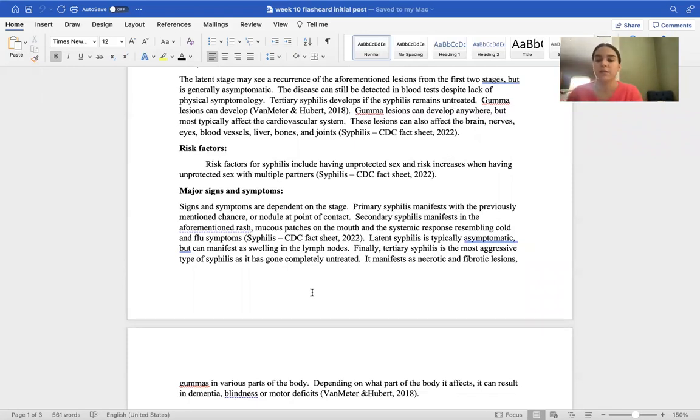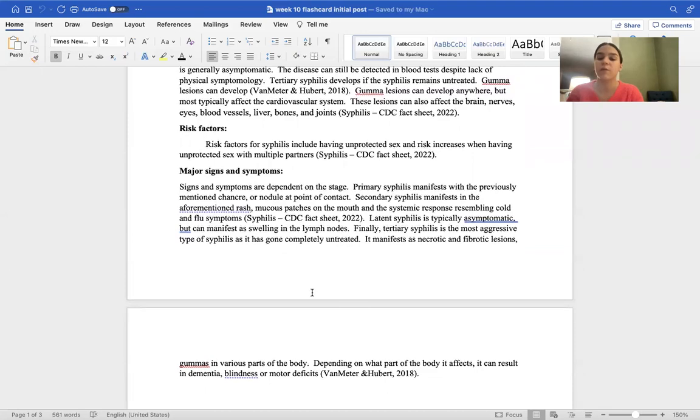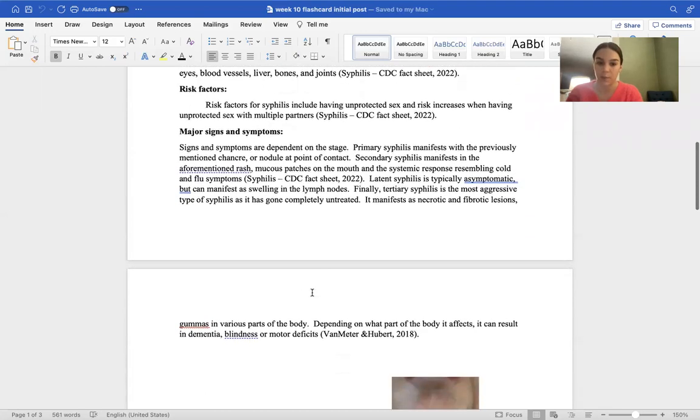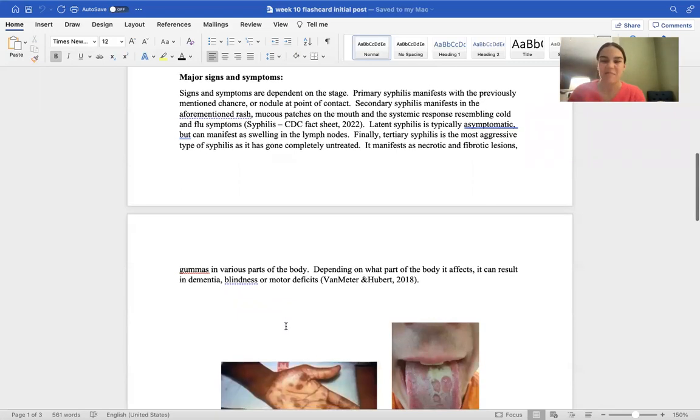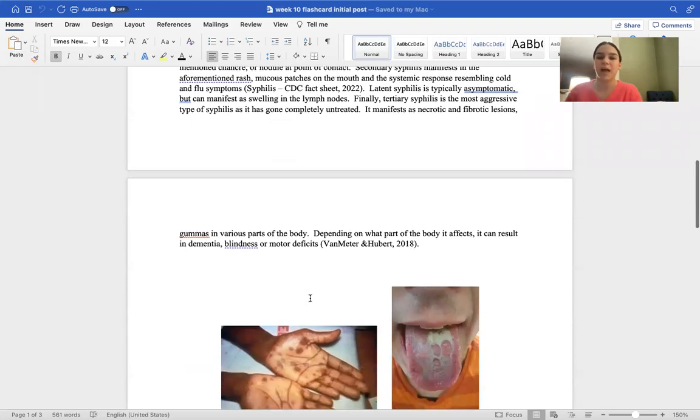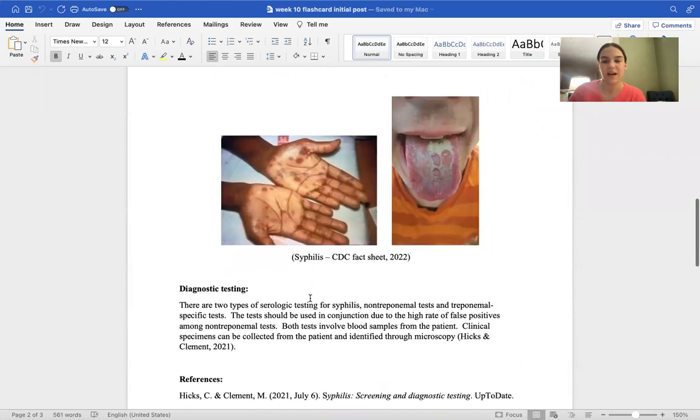It manifests as necrotic and fibrotic lesions. So those are those gummatous lesions that I mentioned in various parts of the body. And so depending on which part of the body it affects, it can result in dementia, blindness, or motor deficits.